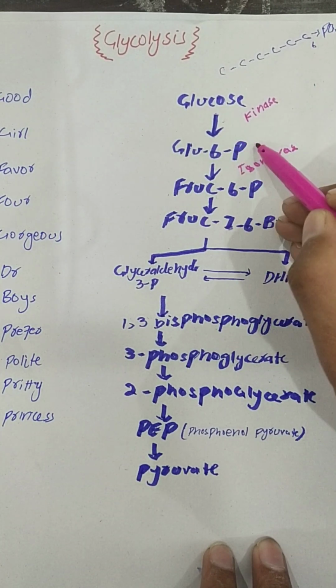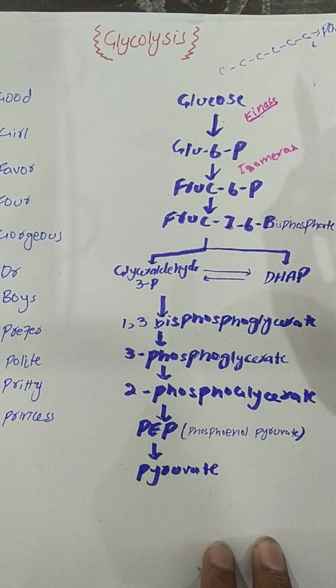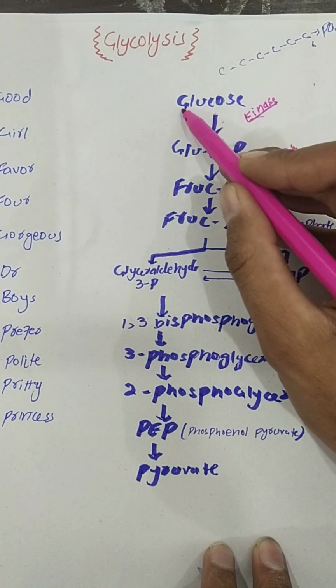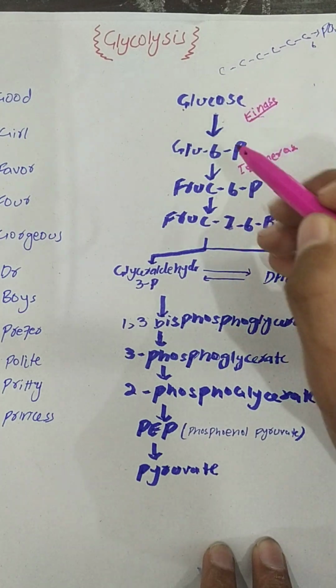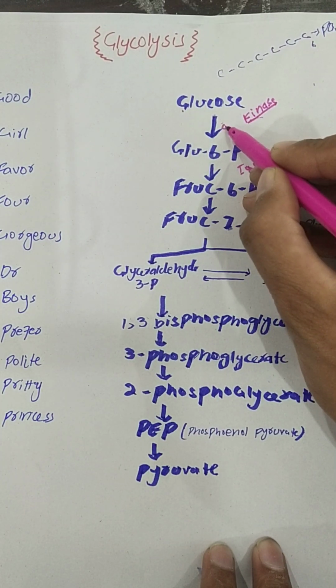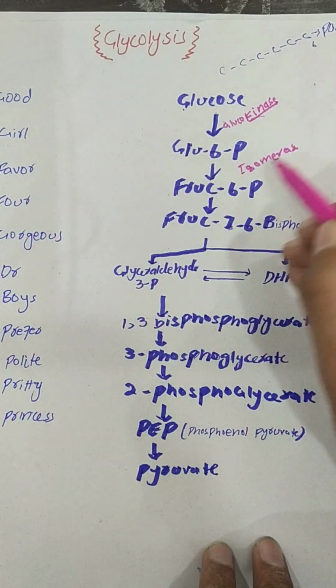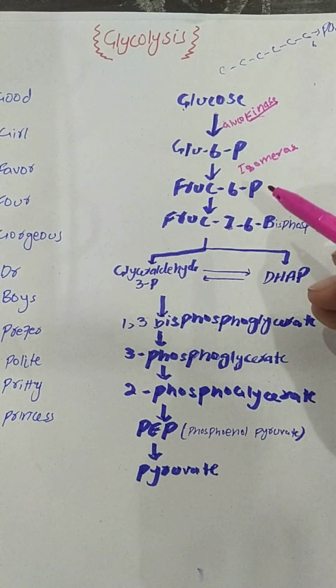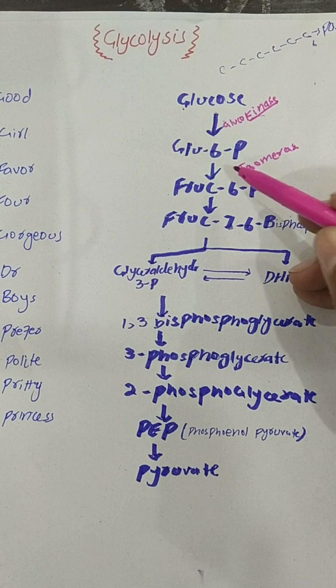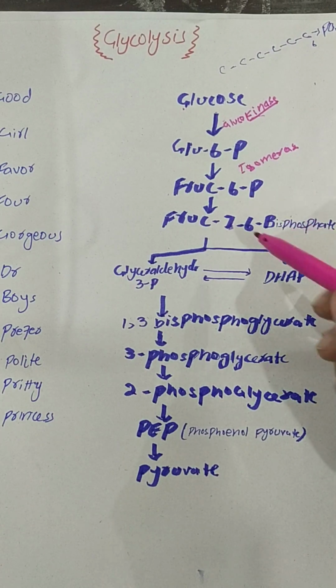Everywhere when you add phosphate there should be an enzyme which is called kinase. Which kinase? Look, this is glucose to which the phosphate is attached, so we call it glucokinase enzyme. Then we have the isomerase enzyme, which catalyzes the conversion of glucose 6 phosphate to fructose 6 phosphate.